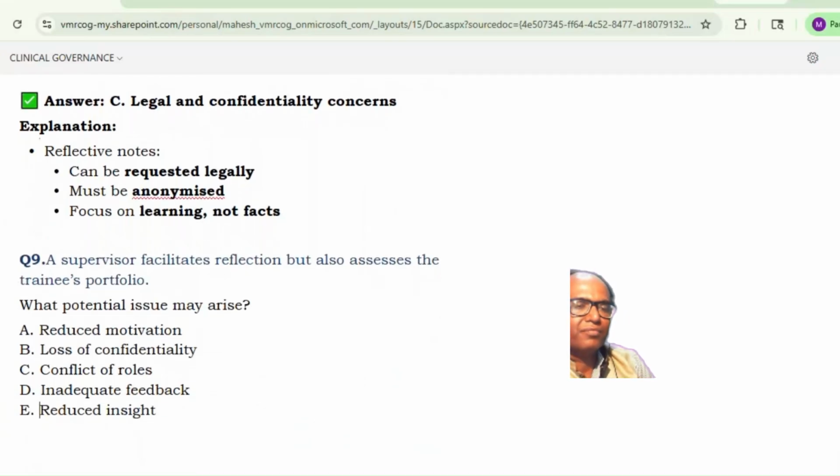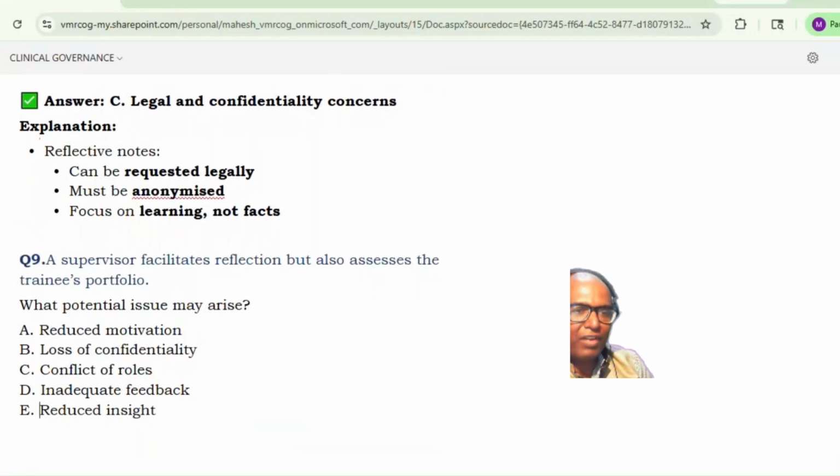Next. A supervisor facilitates reflection but also assesses the trainee's portfolio. What potential issue may arise? A. Reduced motivation. B. Loss of confidentiality. C. Conflict of roles. D. Inadequate feedback. E. Reduced insight. Is it D, inadequate feedback?